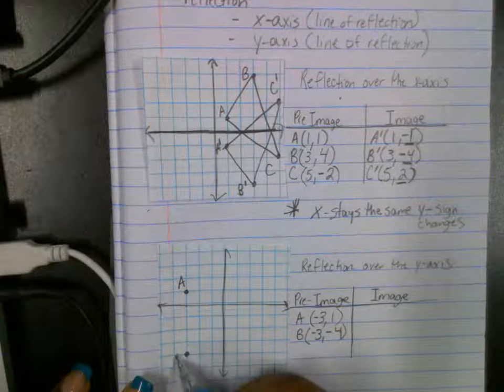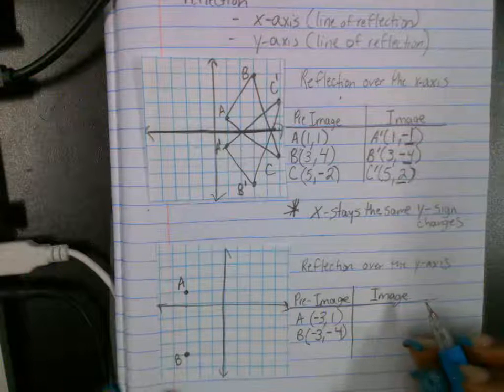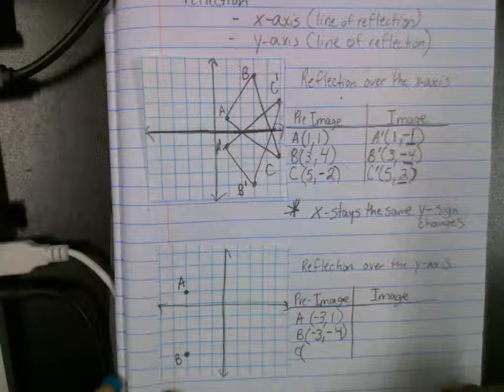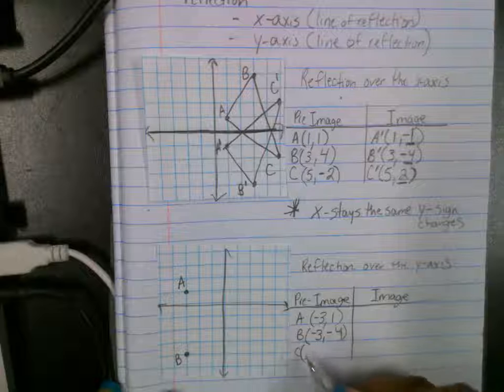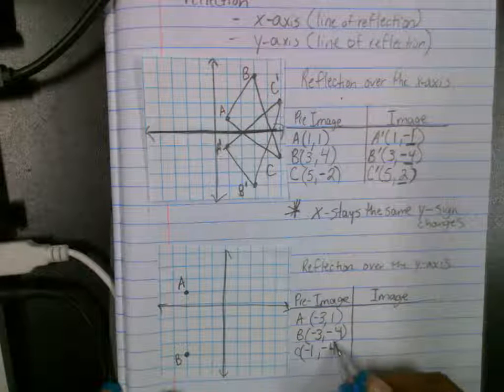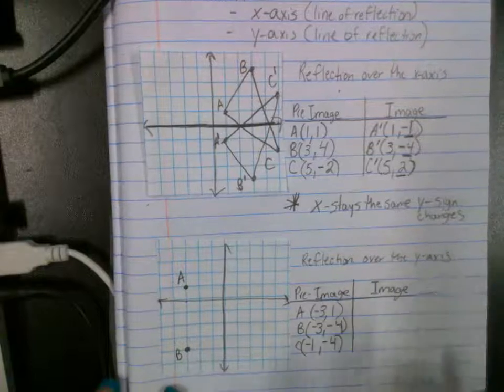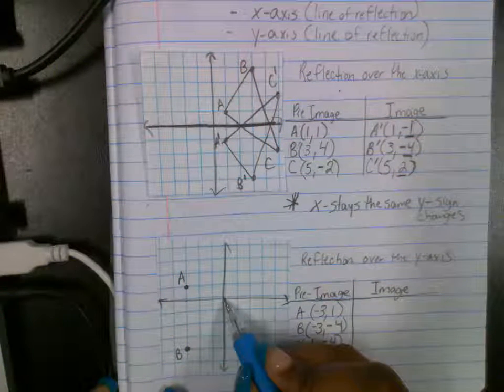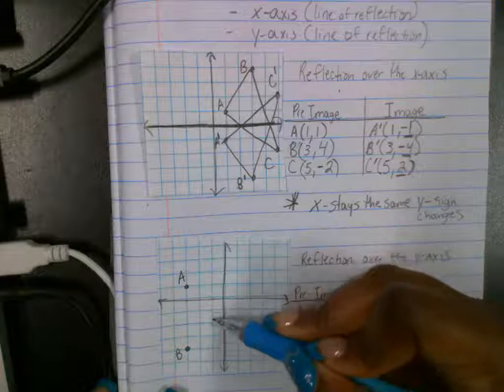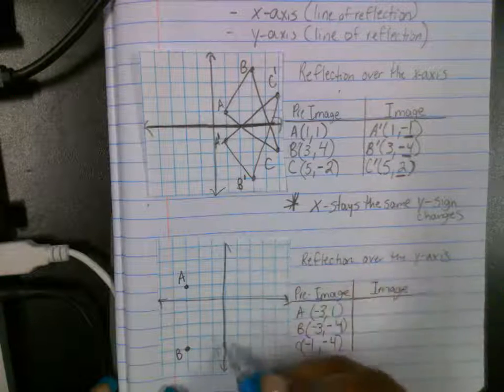This is B. Let's do C at -1 and -4. -1 is over 1 to the left, and down 1, 2, 3, 4.